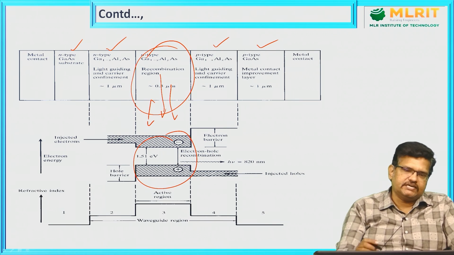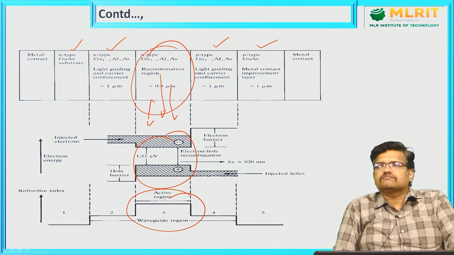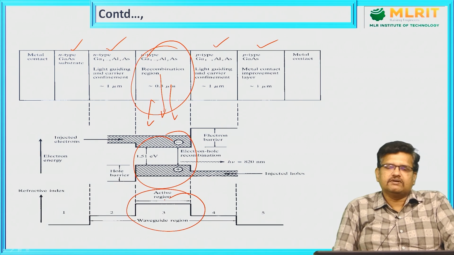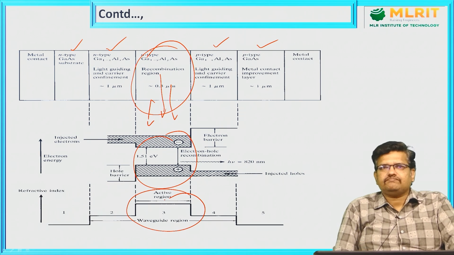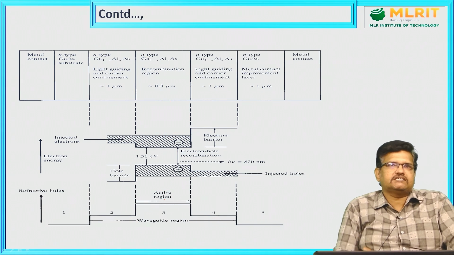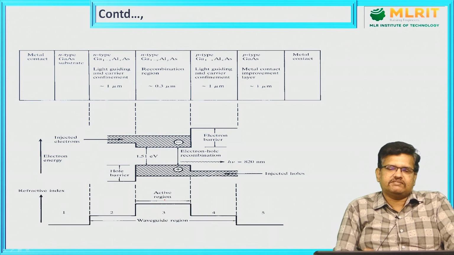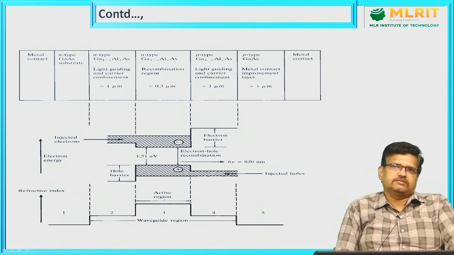If we consider this, we can get the high active region and high output at this region. This heterojunction band structure tells which region has the high radiance of the output.